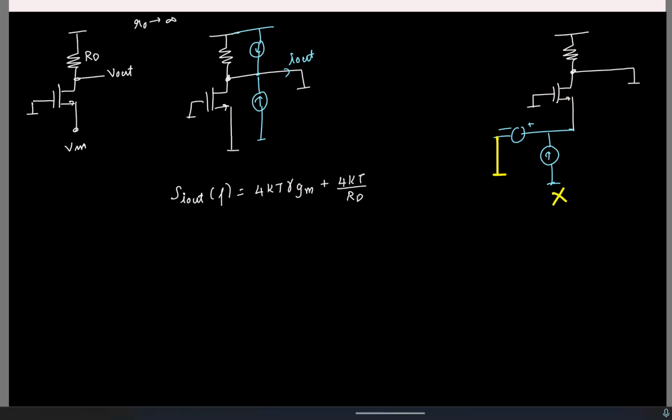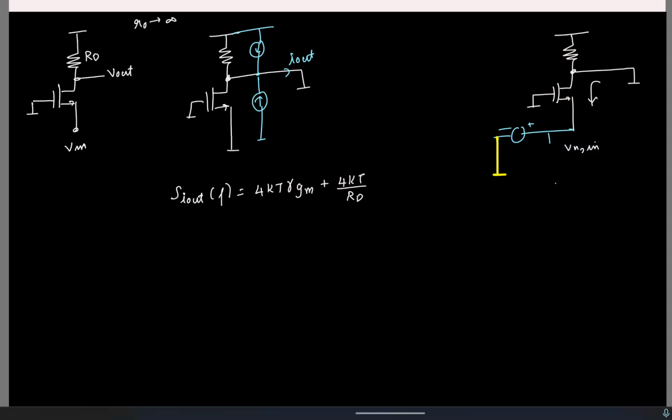Now the last step is to find the transfer function from my input referred noise voltage to the output short circuit current. What do you think the transfer function is? Oops, this current source is not there, you can ignore it. I am applying some Vn,in at the source. What will be the incremental current?